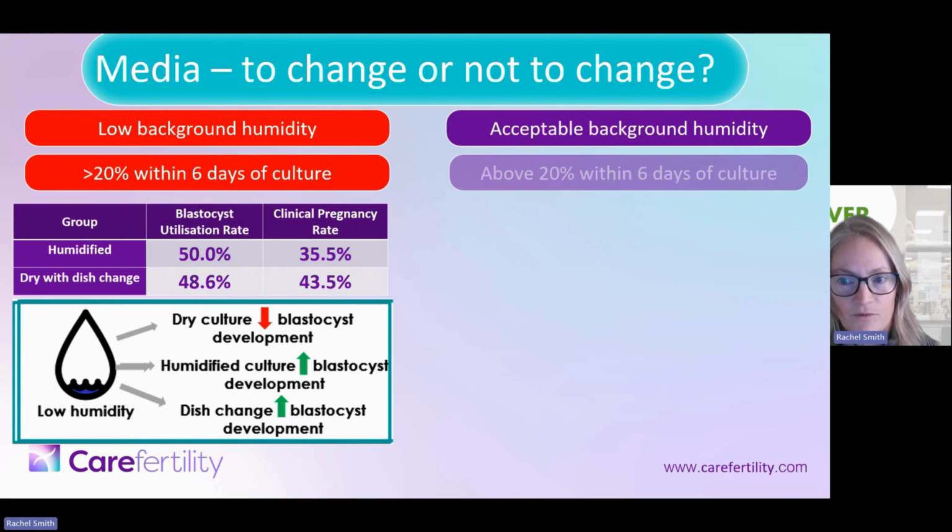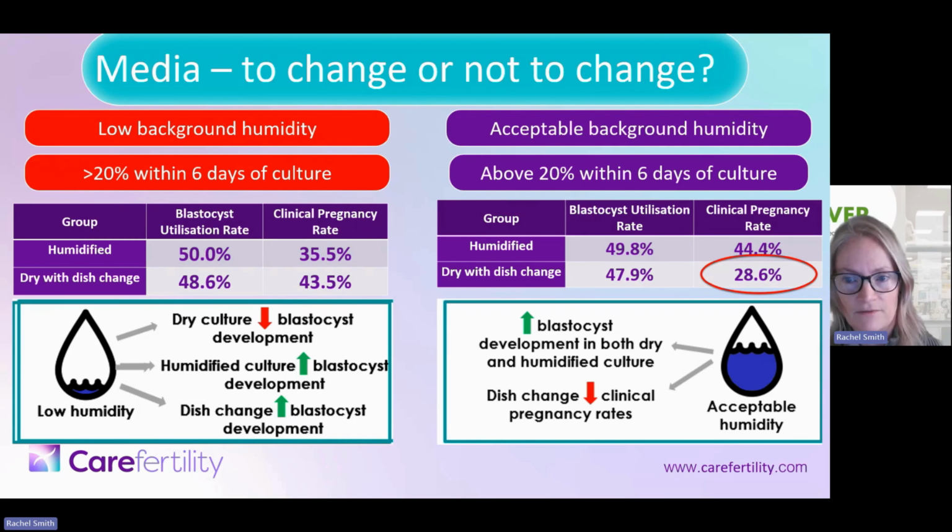When we did the same for all patients to see if a benefit would be done in the dry incubator with a dish change when the levels of background humidity were normal, we found that it had no effect. If anything, we saw a clinical pregnancy rate that was lower in this patient subgroup. So we decided that there was no advantage to do a dish change if the environmental conditions were normal.